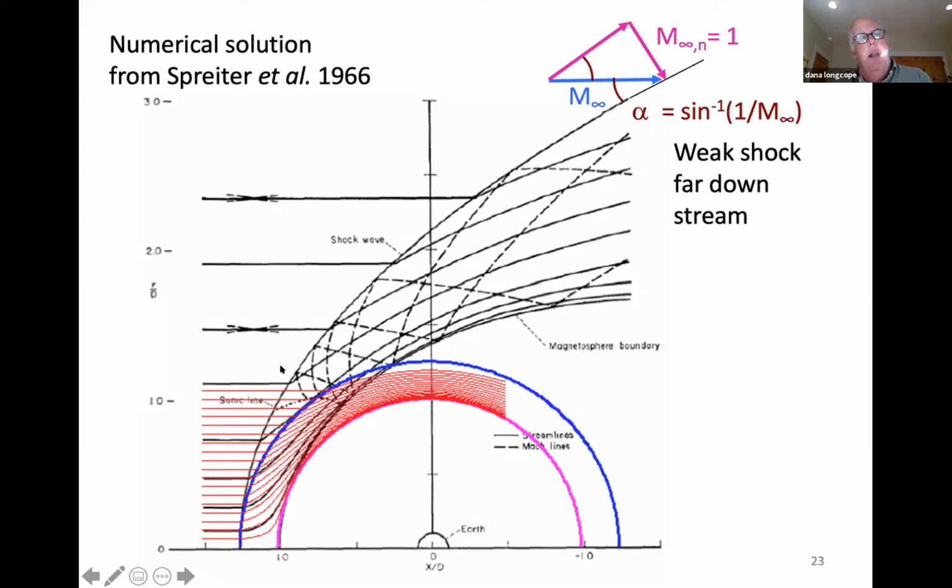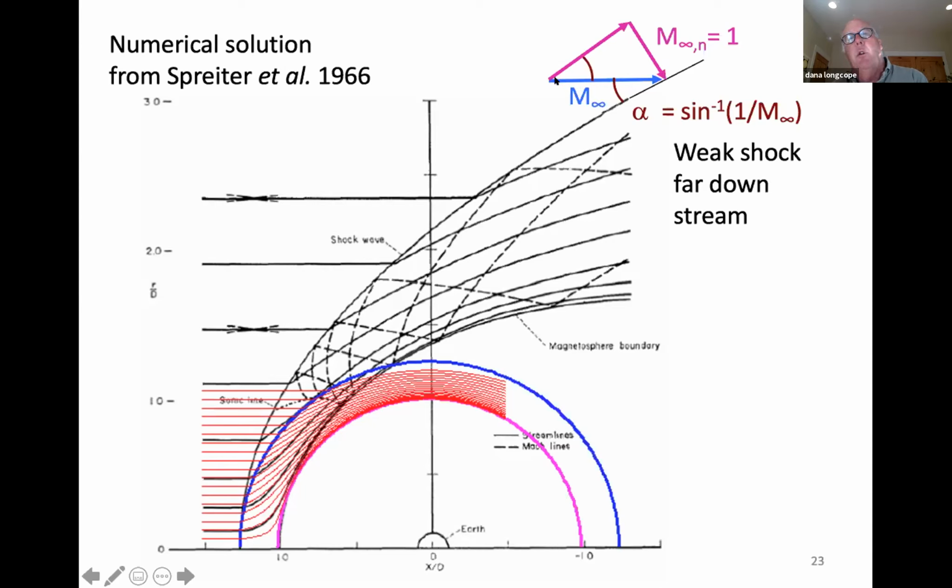But when you get out to the edge of this hyperbola, what's really happening is you get to a place where the normal component of the flow is no longer Mach 8, but it's actually just Mach 1. And that's the boundary, that's at the edge of not being supersonic. And so really the jump you're going to get across a Mach 1 shock is very minor. It's more or less just like a sound wave, a linear wave. So what you can do is work out a simple geometry here.